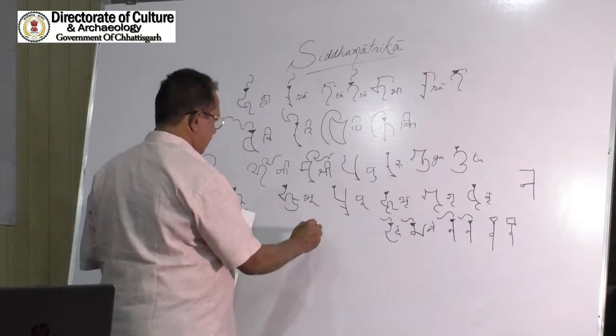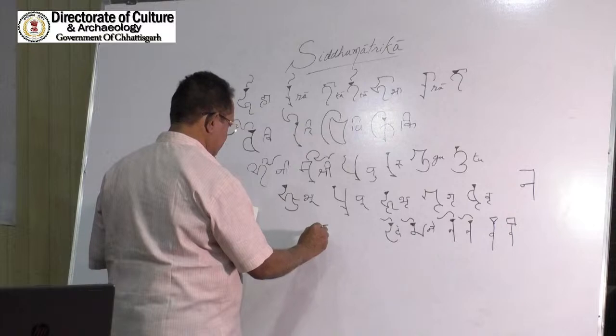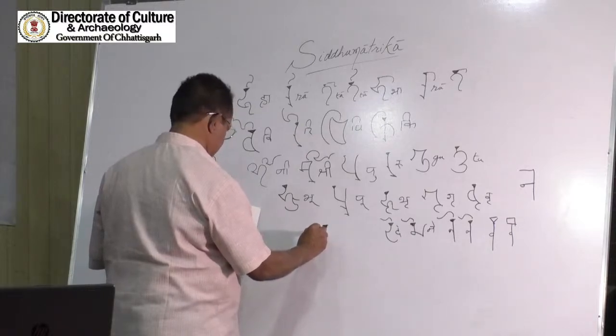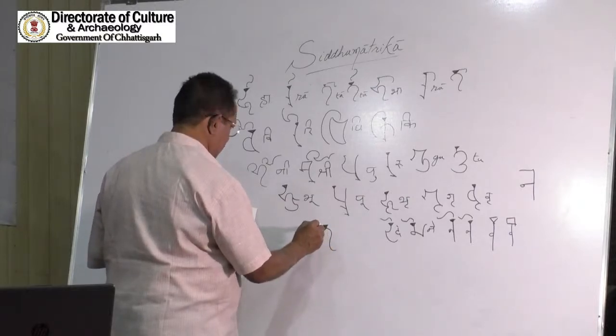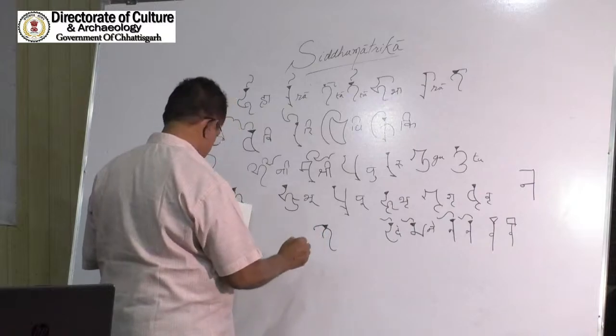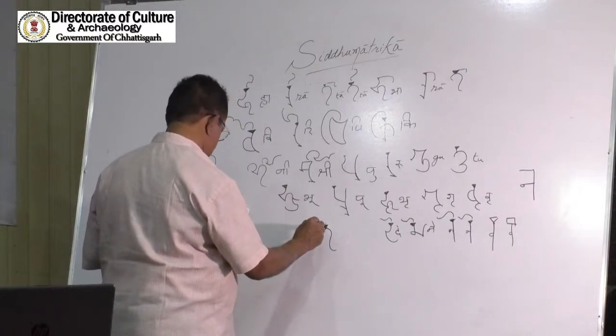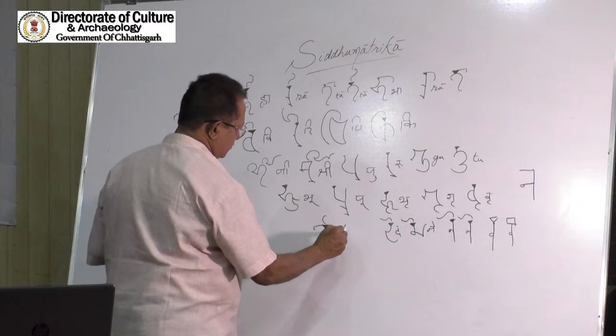And the I sign. One stroke, this is te. Another stroke, when it goes like this, it becomes tai.